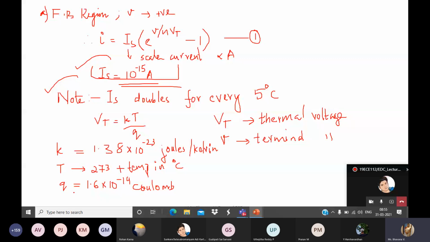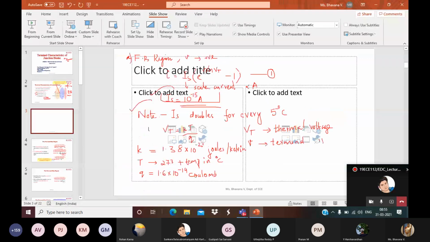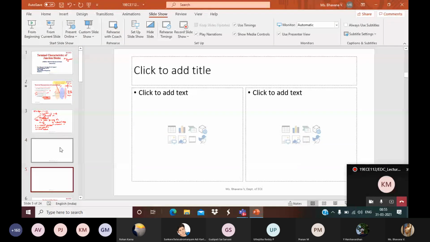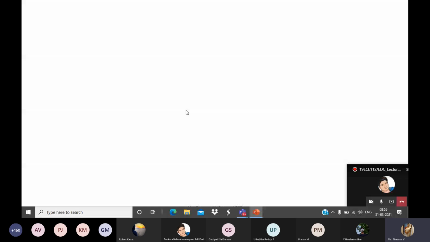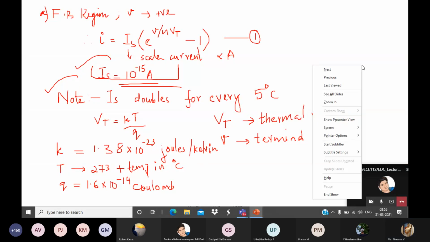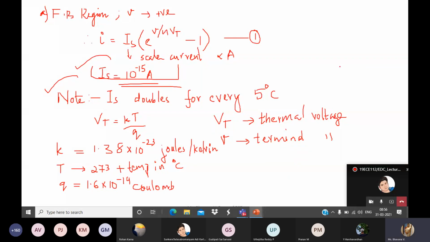So Q is equal to 1.6 into 10 power minus 19 Coulomb. So did you understand till here? Yes or no? Yes, ma'am.